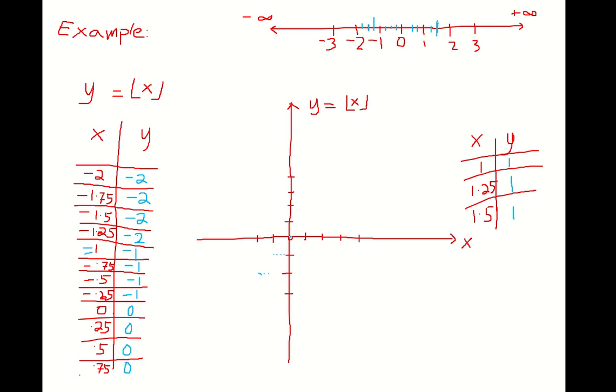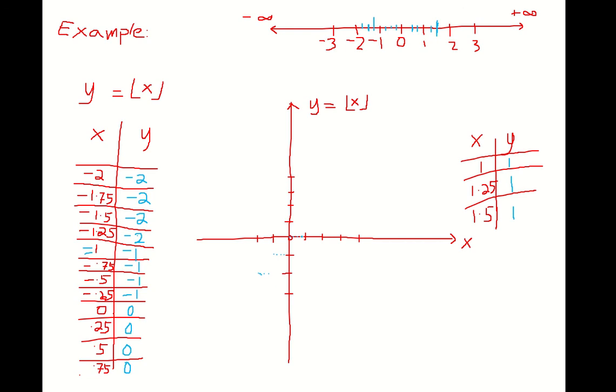So the point is here. And for 0.25, so 0.25 is here, so it means the point is here. Then we have 0.5, the point is here also. And we have 0.75, that is also 0, so here.